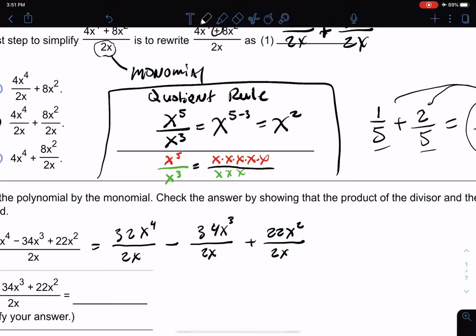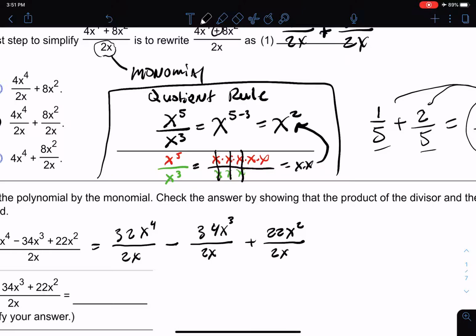The reason you subtract the exponents is because when you're reducing common factors, five of those x's being multiplied are being reduced and turning into ones. Essentially, five red x's minus three green x's leaves you with x times x, which is x squared.